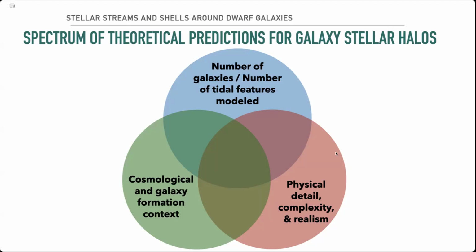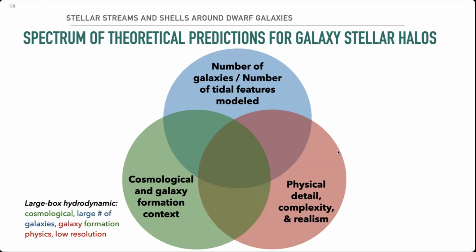And my main message today would be that we can learn from all of these, and we should be learning from all of these and combining the information that we get from different ways of looking at this problem and looking at predictions, and compare them all to observations as well.